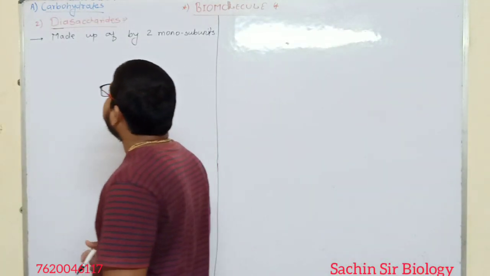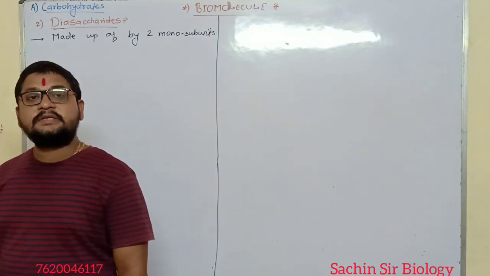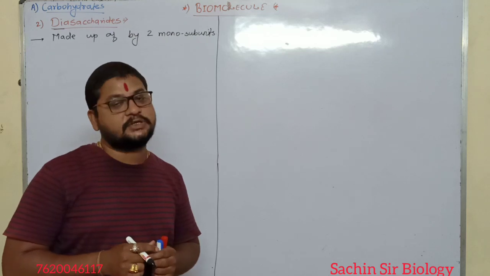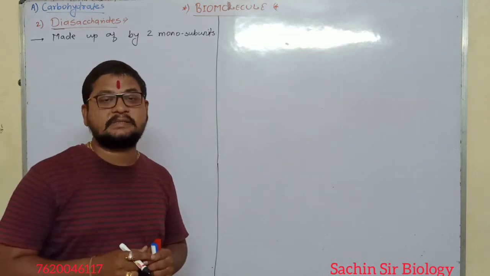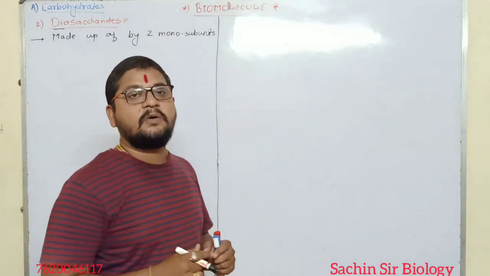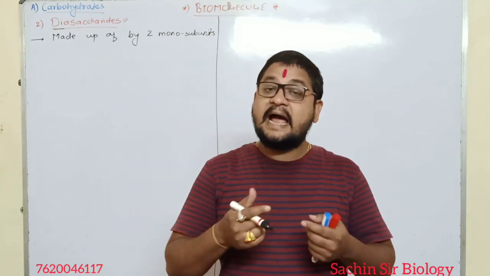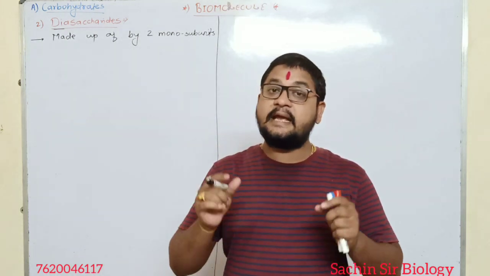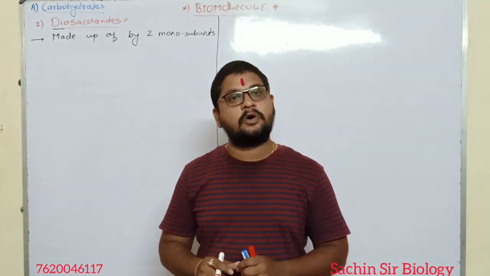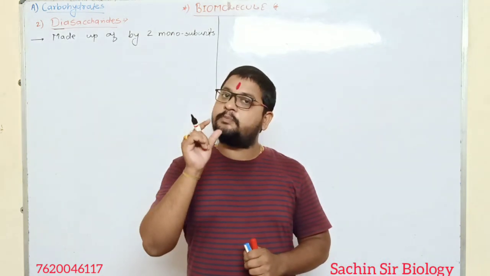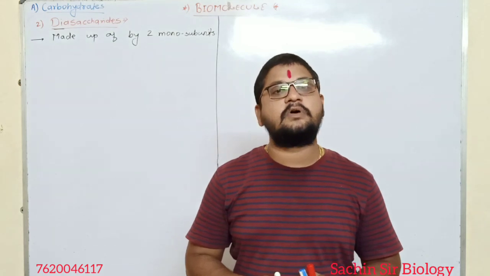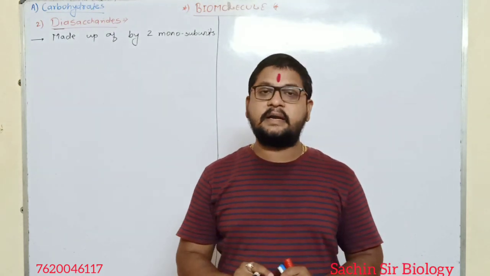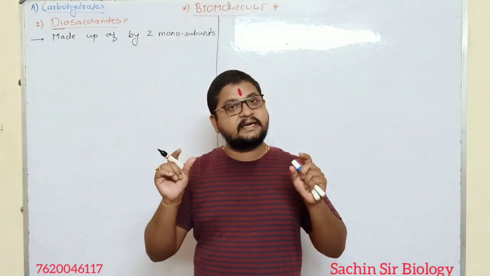In this way, when these two monosaccharide molecules come closer to each other, they condense, and at the time of condensation dehydration takes place, meaning a water molecule is removed, and between the two monosaccharide molecules a bond is produced, which is called a glycosidic bond. Again I repeat, how does a disaccharide form?